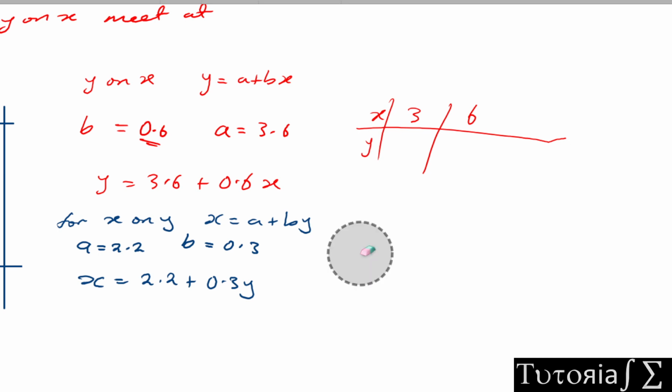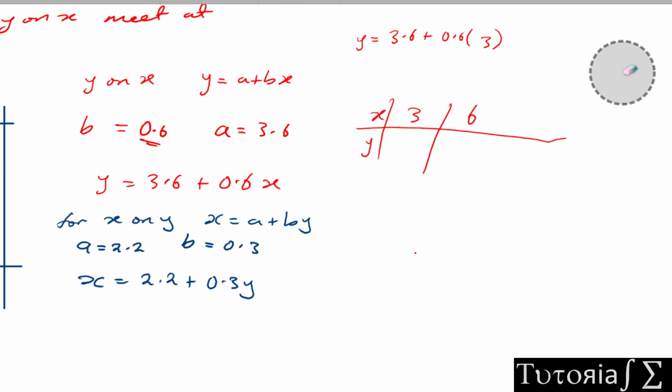After we've created a table of values for y on x, since y depends on x, we write the values of x, then see what values of y we get. When x is equal to 3, we replace in the equation: y is equal to 3.6 plus 0.6 times 3. When we simplify, y will be 5.4.